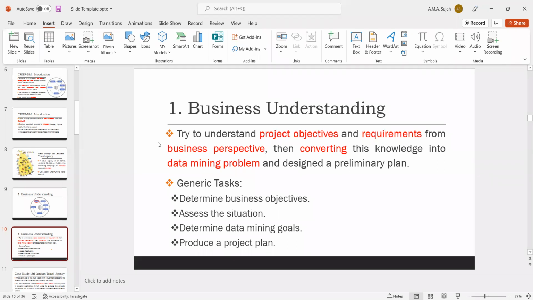Based on your project objective, you need to convert the problem domain into something that data mining techniques can be applied to. If you have a clear idea about the business, then only can you easily convert your problem domain into different data mining techniques. Am I correct?